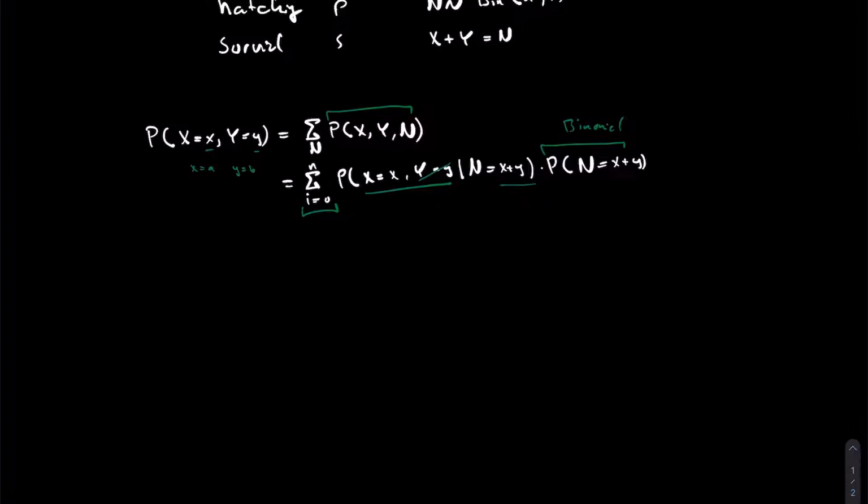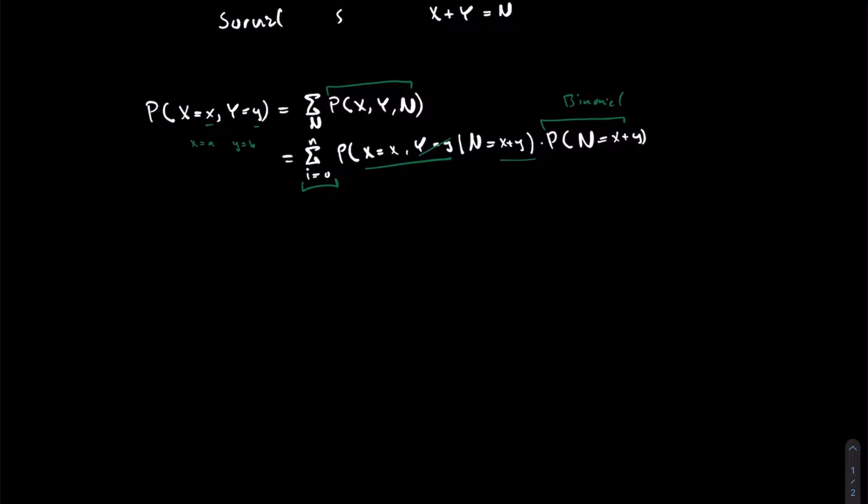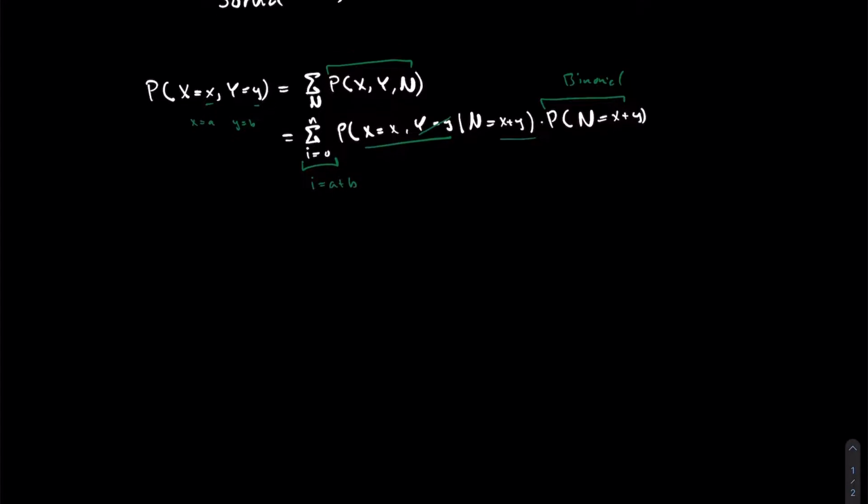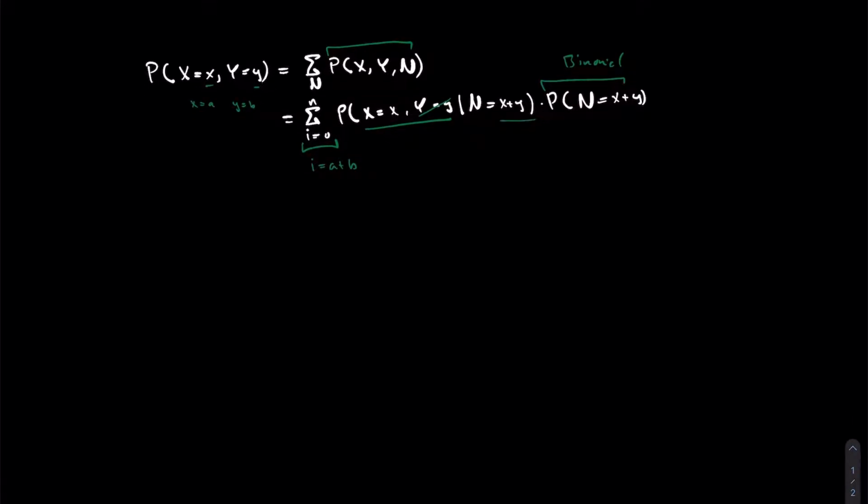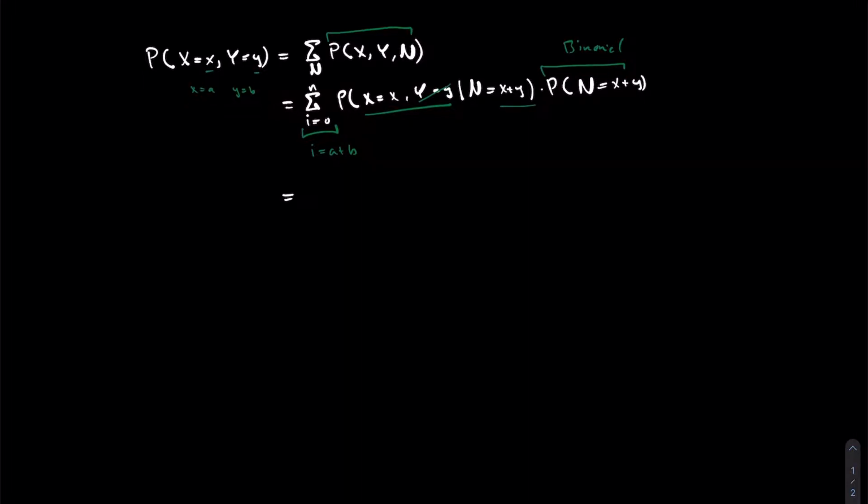It means that this sum only has a probability different from 0 for the case where i equals a plus b. So essentially it reverts to only one case where that is true, and the rest are 0 if we write out this full sum.